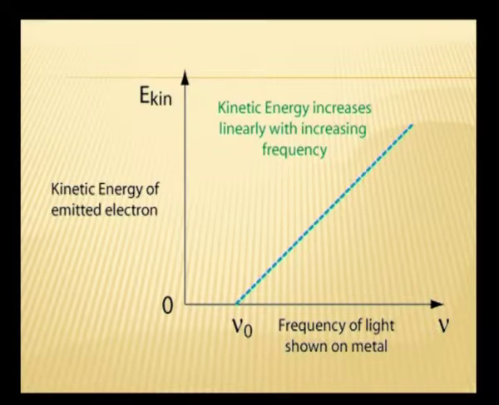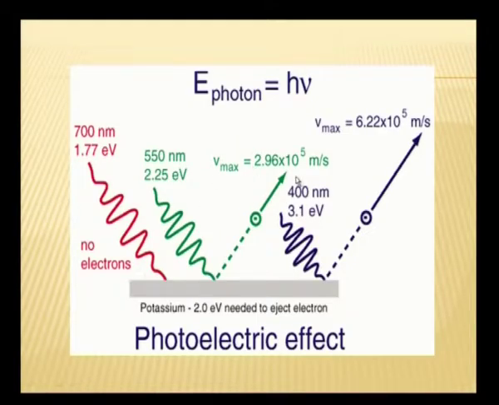Not only do you see the effect, but now the more important point is the kinetic energy. The kinetic energy is half mv square, so as the velocity becomes larger, the kinetic energy becomes larger. I showed you in the earlier slide, the velocity here is 2.96 for the green.